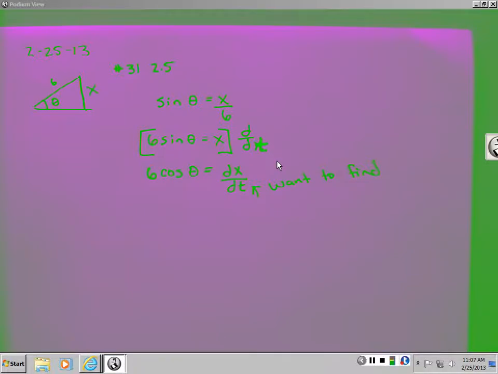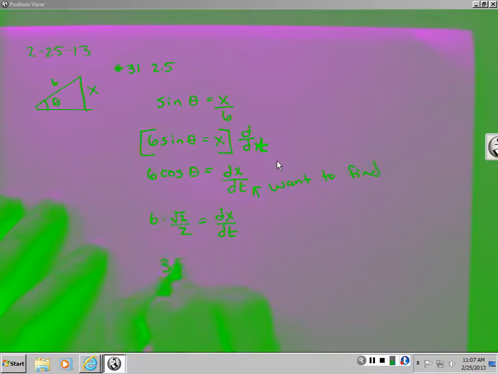So now I want to plug in theta to be 45. So I would have 6 times square root of 2 over 2 equals dx/dt. So I have 3 square root of 2. But that would be my answer in feet per radian or meters per radian.